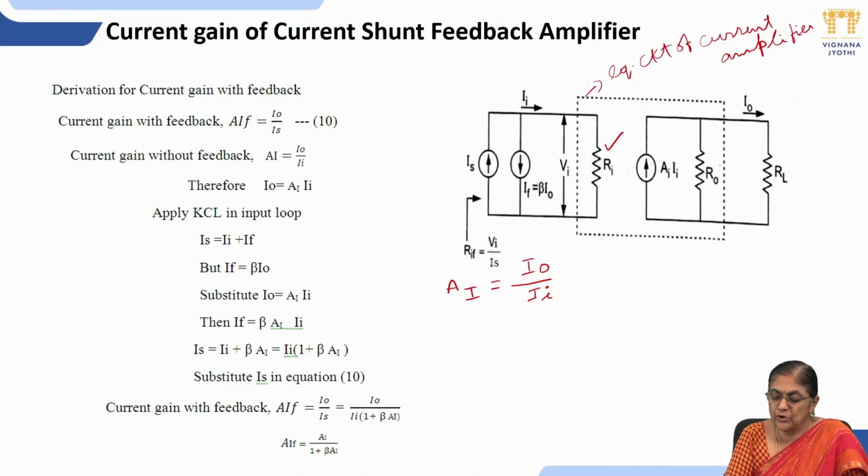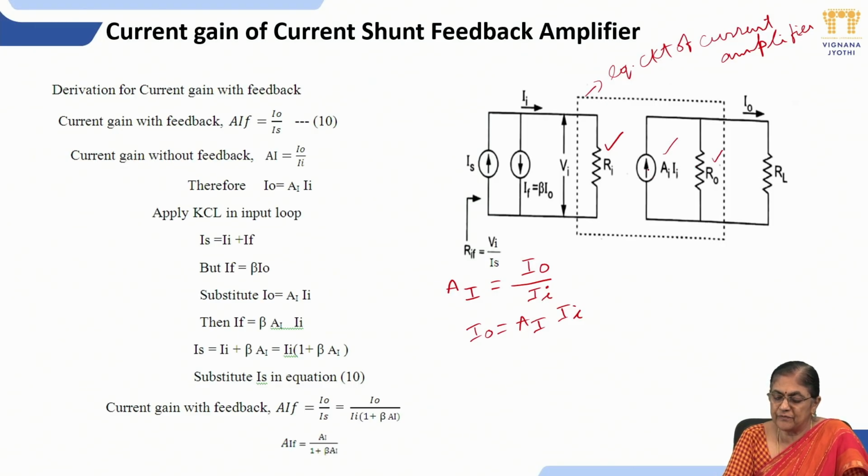in parallel with Norton resistance. So what is the magnitude of the current source? From this expression, I0 is equal to AI into II. The magnitude of the current source is AI into II, in parallel to R naught, where R naught is the output resistance of the current shunt feedback amplifier without feedback, and Ri is the input resistance of the basic amplifier without feedback.